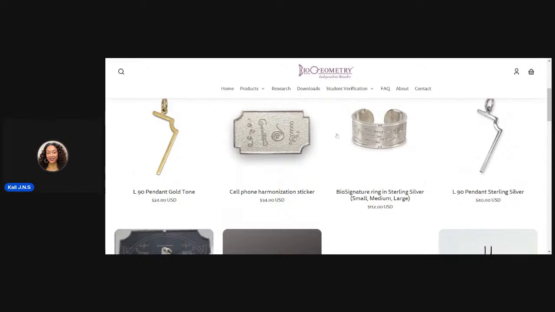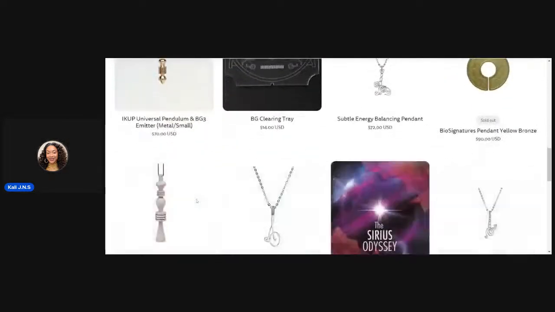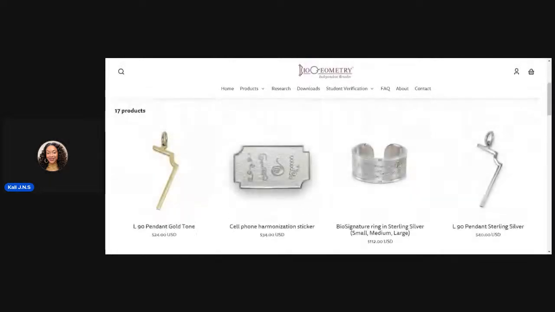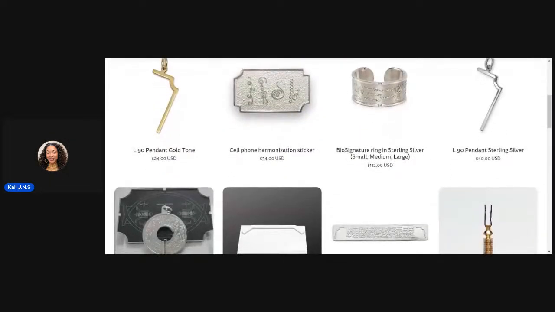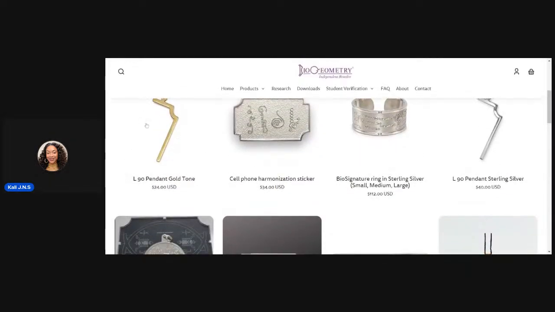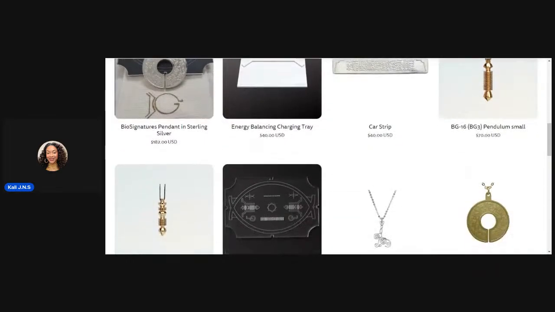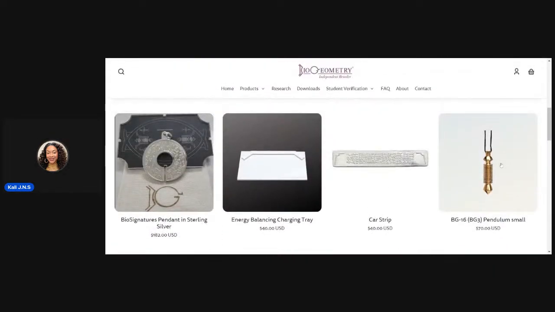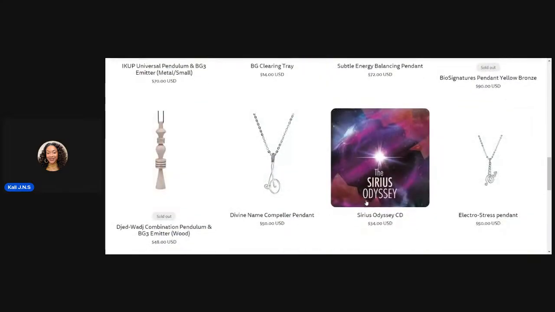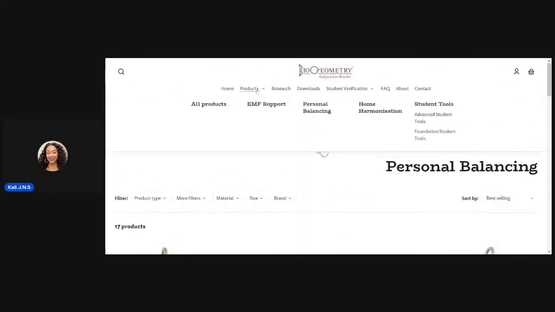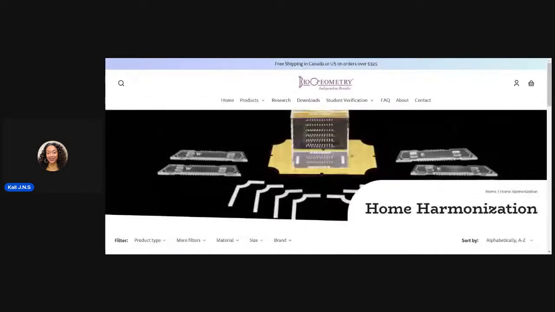You put this on there. The L90 pin. These are like the L90. You put that on like the Wi-Fi boxes, but they have the actual stickers. But you can actually wear this around your neck as well. So they have a car strip. This is the BG pendulum. But I want to talk about home harmonization.